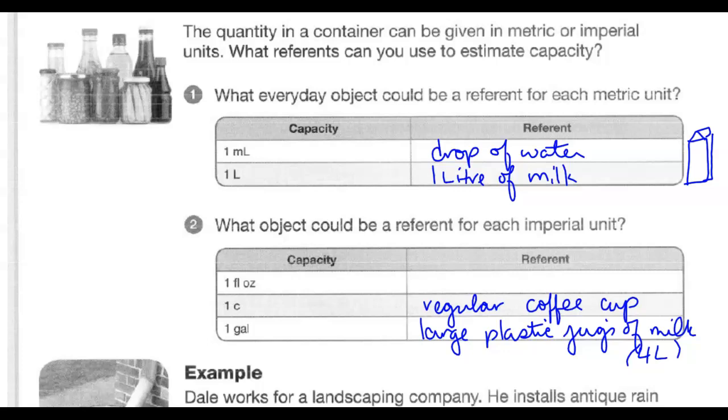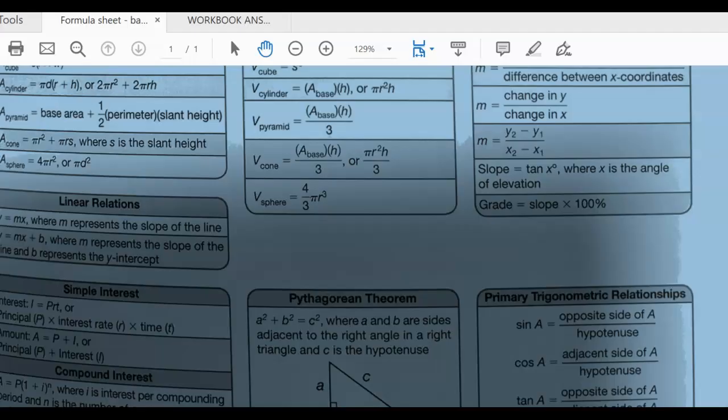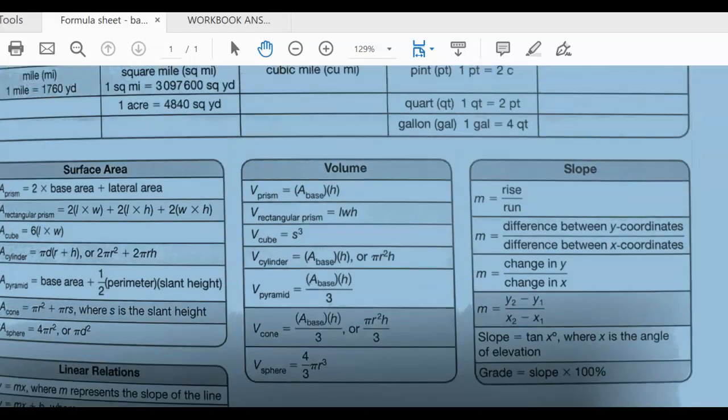A fluid ounce, I think 1 fluid ounce is about a tablespoon, if I remember correctly. Let's see if they have that on the, could be a teaspoon.